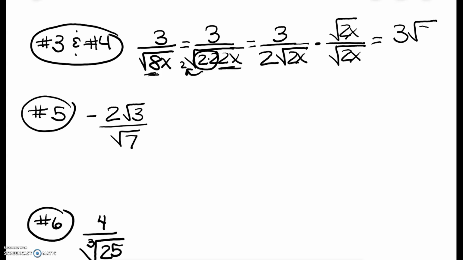So I get in my numerator 3 square root of 2x, and in my denominator, remember, I multiply what's under the same radical. I get 2 times 2 times x times x. I have a group of two 2's and a group of two x's. They come out.